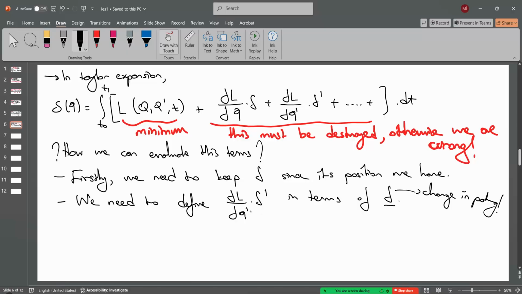But this is not, and so we need to remove this term in order to solve this problem, because we need to minimize the position values of these terms.